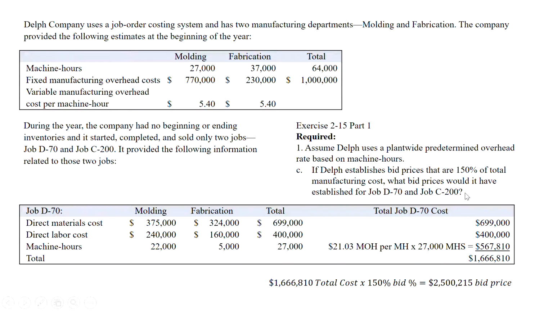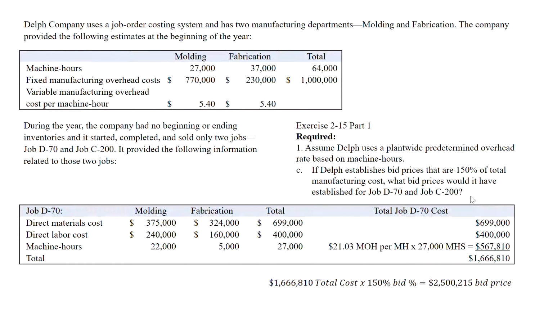I'll make a point that sometimes on the exam or extra credit, this is going to be worded a little bit differently. And I feel like that trips students up sometimes, where they understand the concept and they just overlook actually applying that particular concept. For example, what if instead of saying 150% of manufacturing costs, this said we're going to mark up the price by 25%?